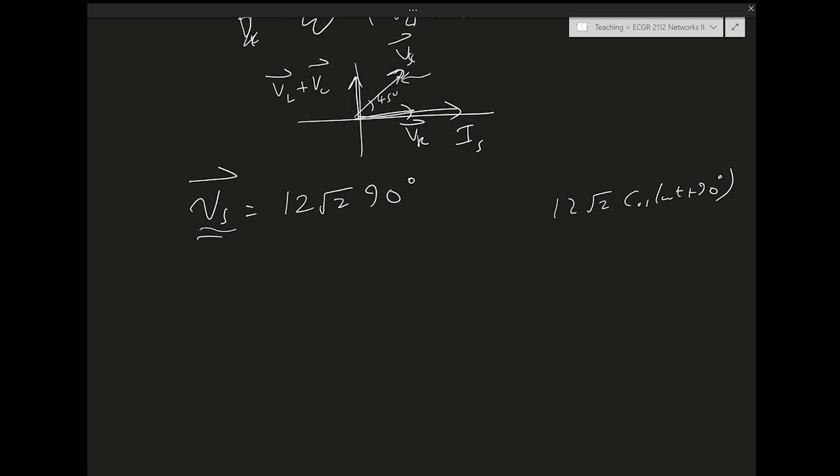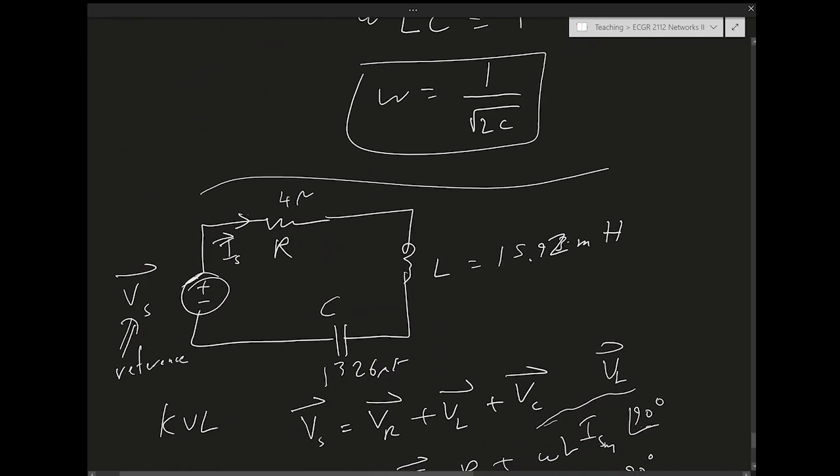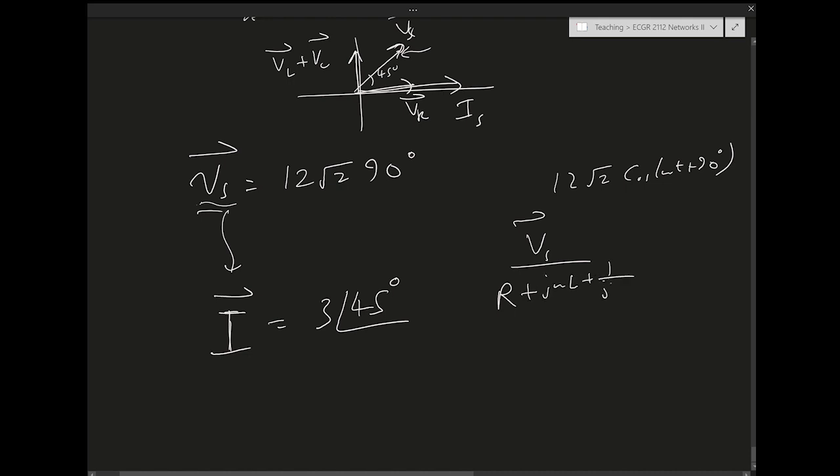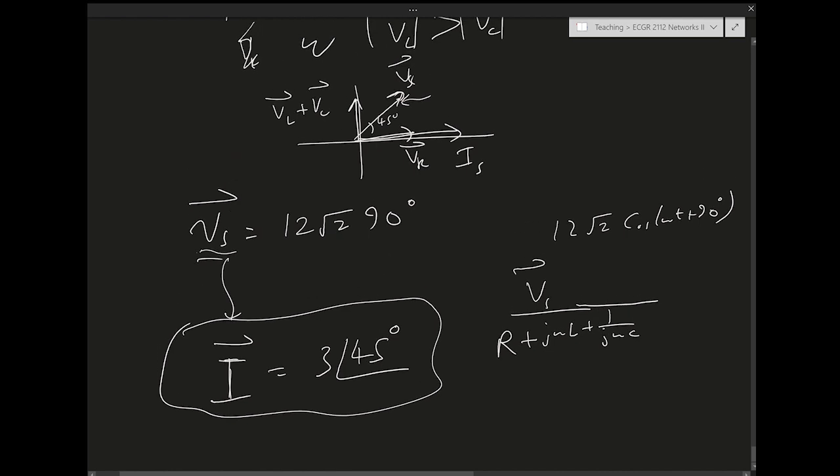So all we need to do is, with that Vs, calculate I. For that Vs, I turned out to be 3 at 45 degrees, you can do the math. Just take Vs and divide it by R plus j omega L plus 1 over j omega C. That's all you need to do, and you end up with this I. So remember, we want to redraw this phasor diagram.